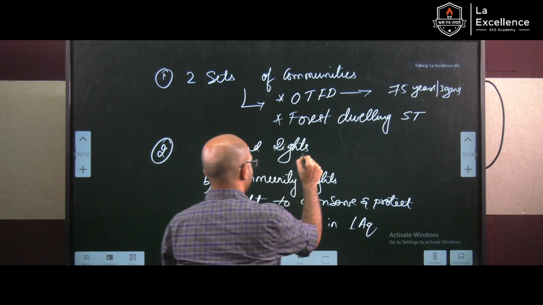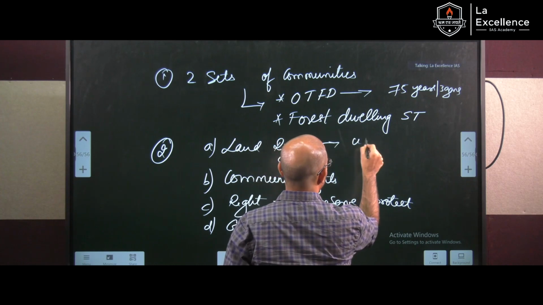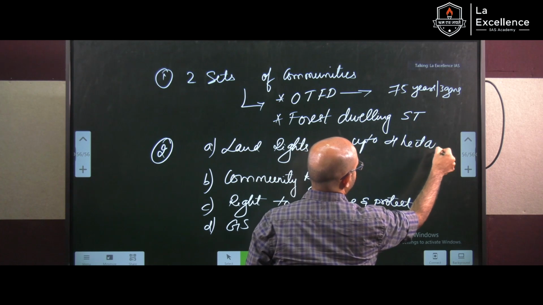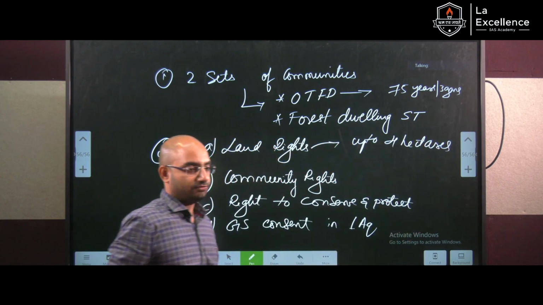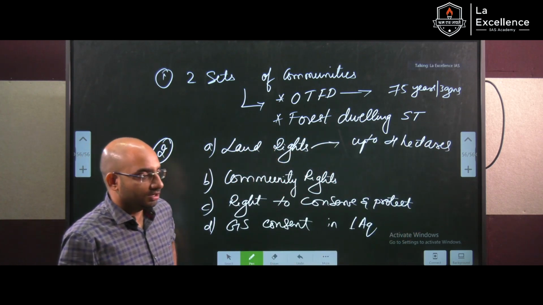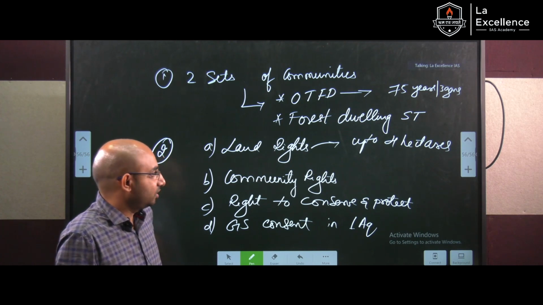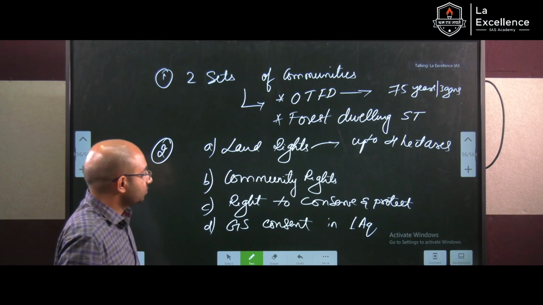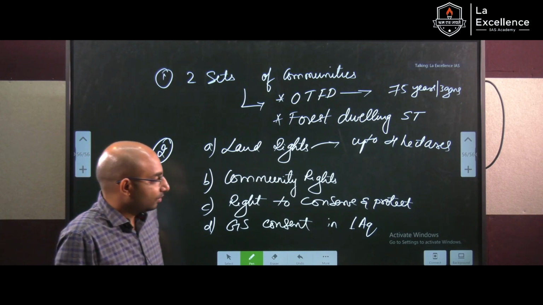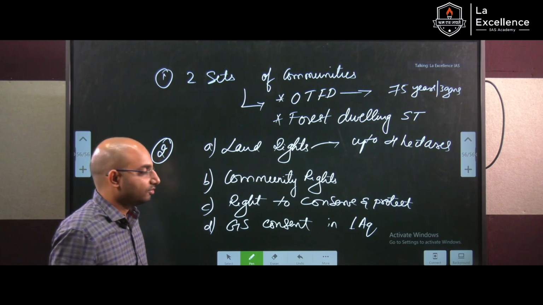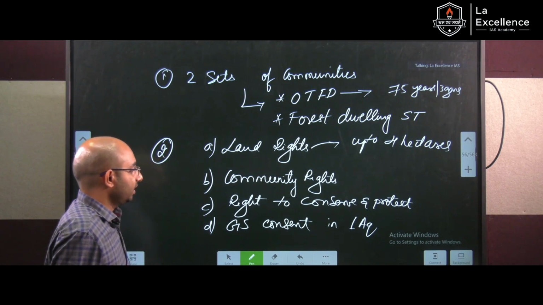What are land rights? So for every family, it gives up to 4 hectares of land. Up to, it is not exactly 4 hectares, and this land can be used but not sold, and it can be inherited but not sold in the market. Community rights over grazing areas, common grounds, sacred groves, fishing tanks, fishing ponds, right to conserve and protect.